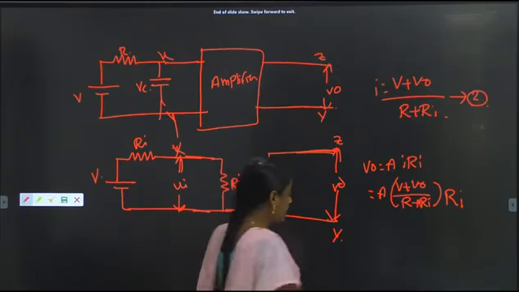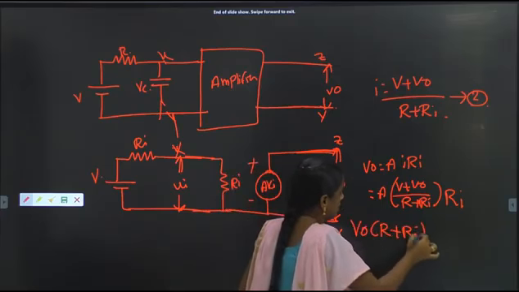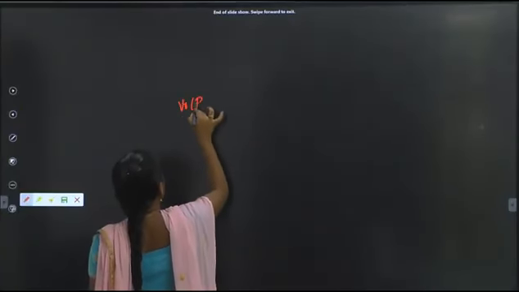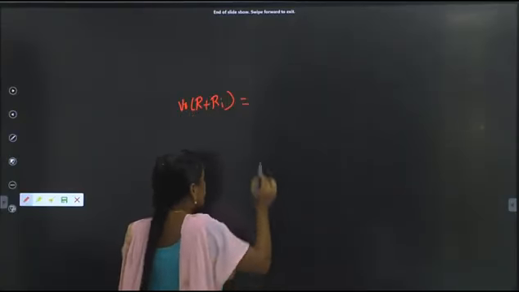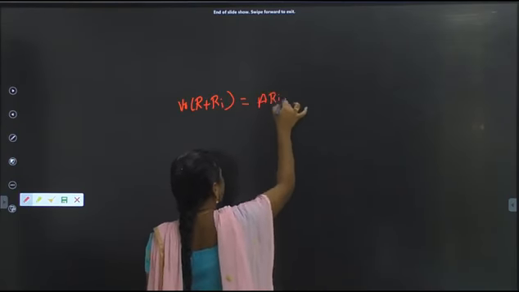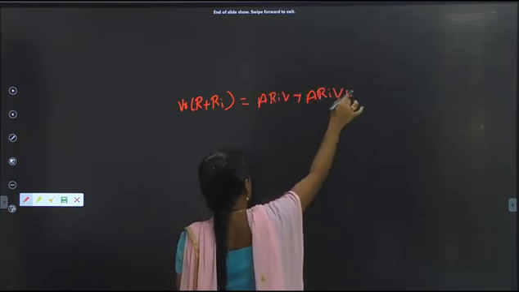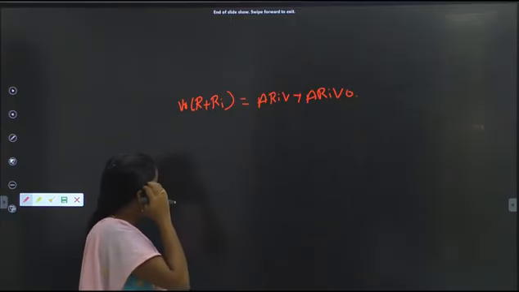V naught is equal to A into Ri by R plus Ri, which is equal to A into Ri of V plus A into Ri of V naught. So from the previous equation we have to write this equation.